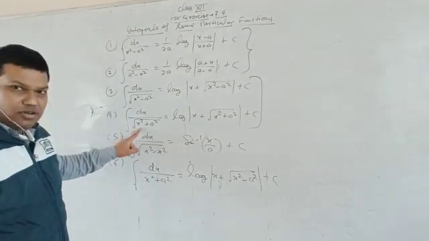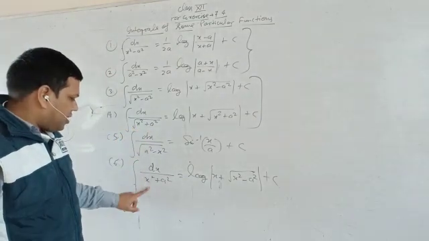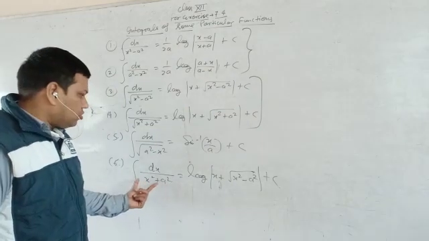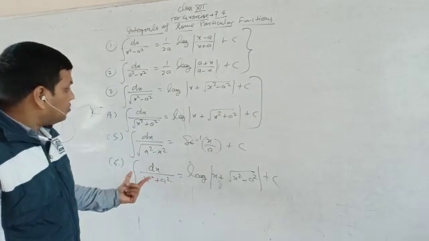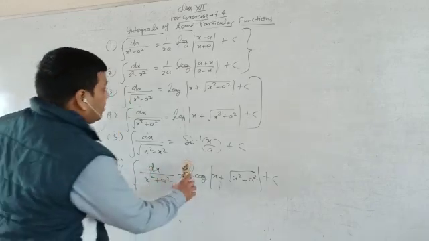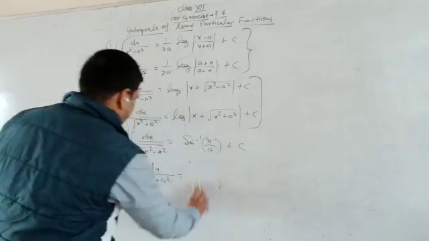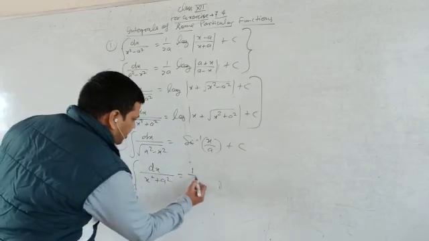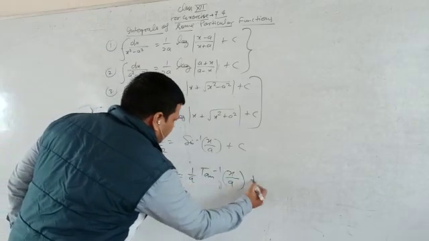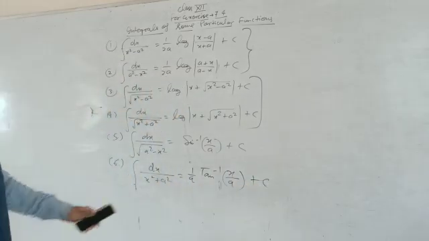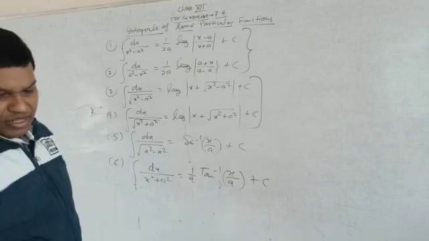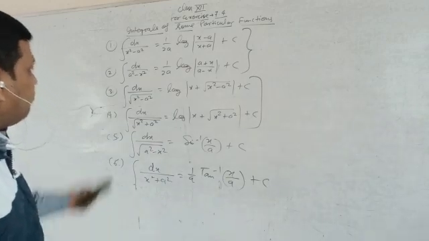If there is root of x square plus a square, it is the log formula, but for x square plus a square without root, this will be 1 upon a tan inverse x upon a. So we have been given these six formulas.